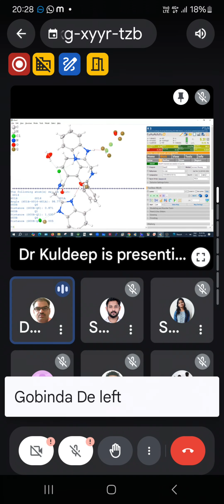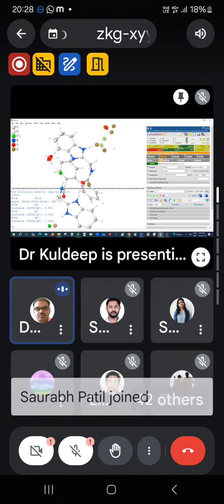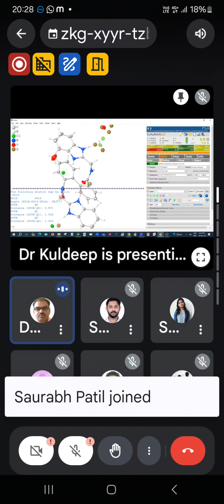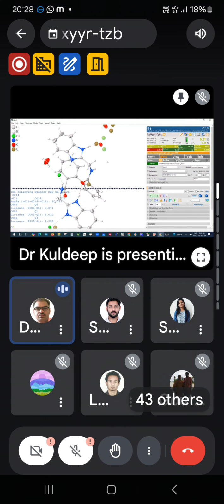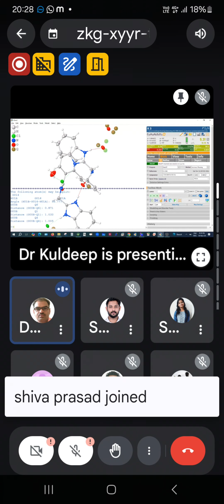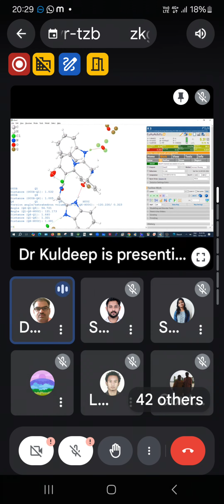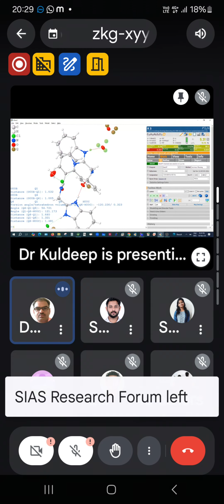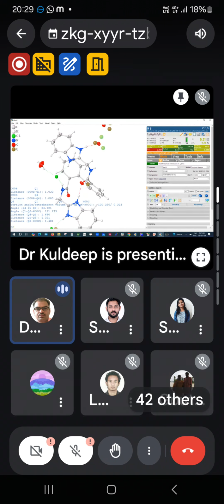So all three are in bonding distance, but I will choose a reasonable geometry. I think this hydrogen and this hydrogen should be there, because if I make this hydrogen, then this distance is 1.4. This is very close, so this should not be the hydrogen. These look reasonable. I make them hydrogen and put some defix command.